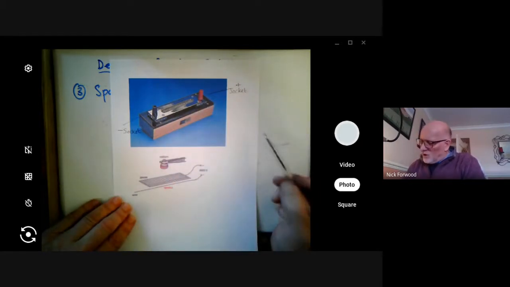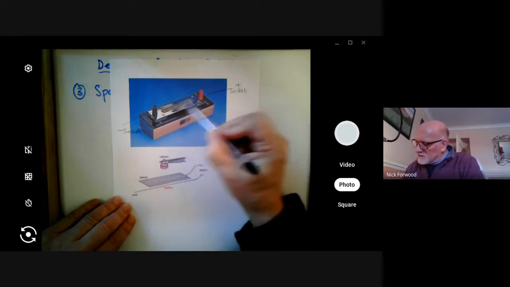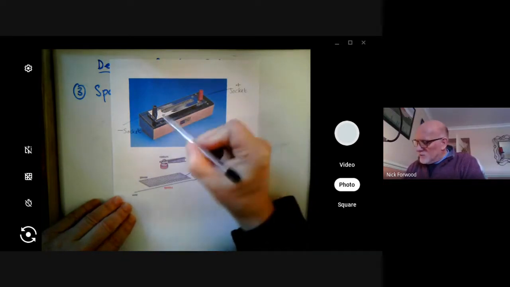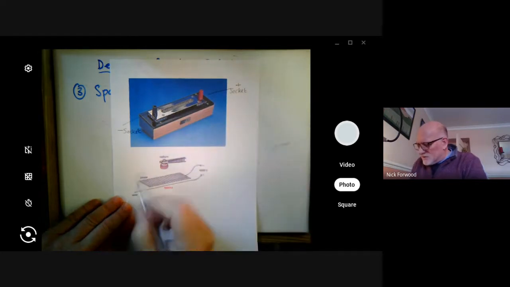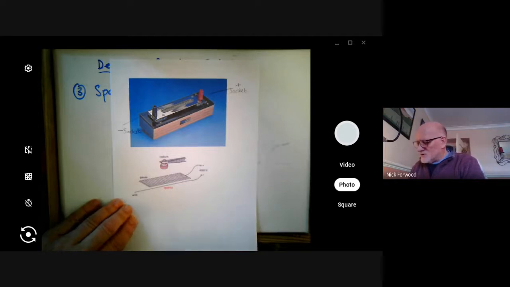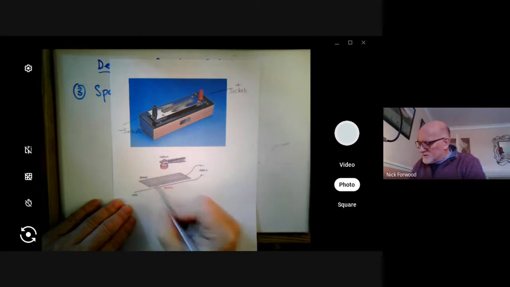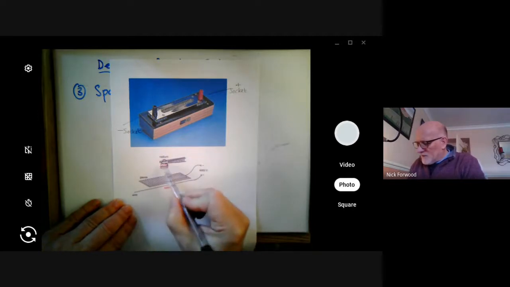On the top here, there's a little sort of window, and the window is covered by what's called a gauze. There's a gauze, G-A-U-Z-E, and a gauze is just a metal grid of electrically conducting wires, and you hold the radioactive source.